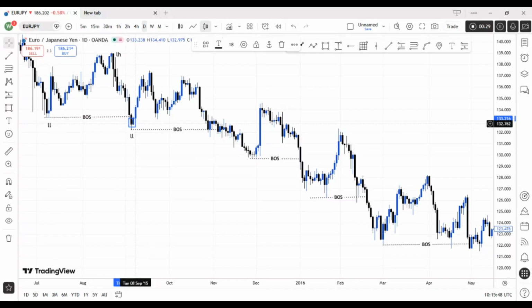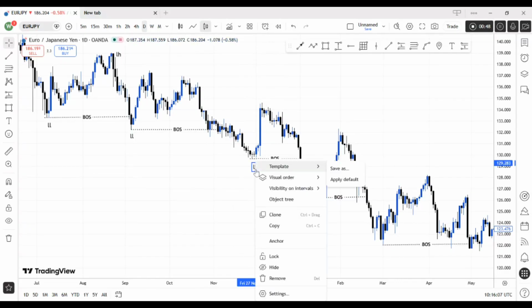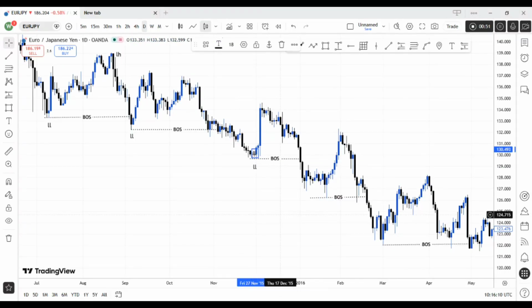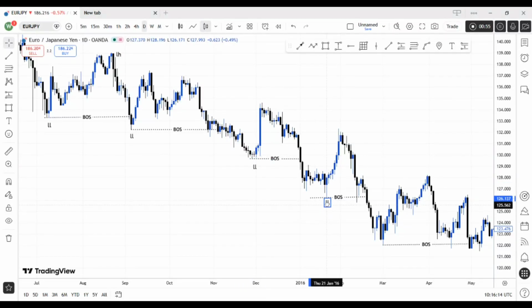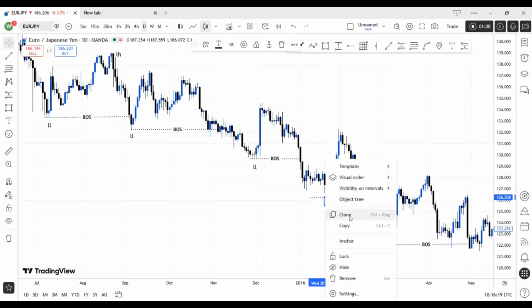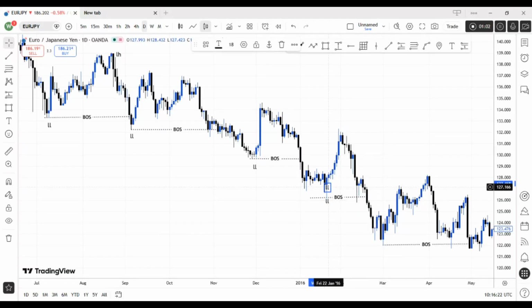So here we have to know where and when we set up our sell position, because in this market structure, sellers are more powerful than the buyers. So most chances we shall look for selling opportunities rather than buying opportunities. It will be better for us to trade with the trend and not against the trend.